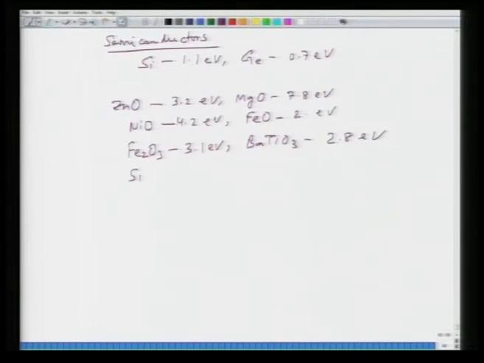Silicon oxide, for example, has a large band gap of 8.5 electron volt, TiO2 has 3 electron volt, and you can find many more values in the literature. So these are some of the band gap values. So typically the higher the band gap is, the less conducting the material is in the intrinsic state, unless you create defects by some other means.